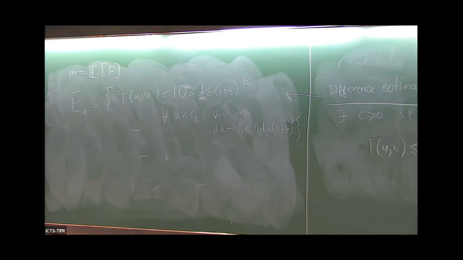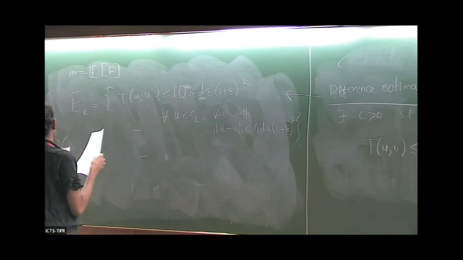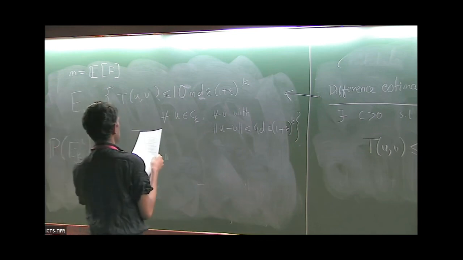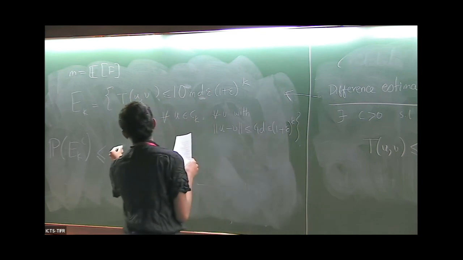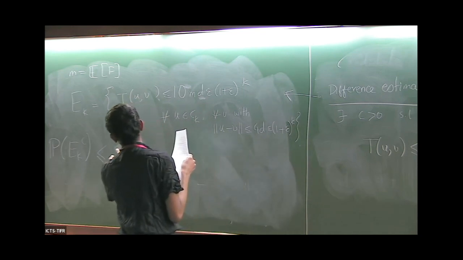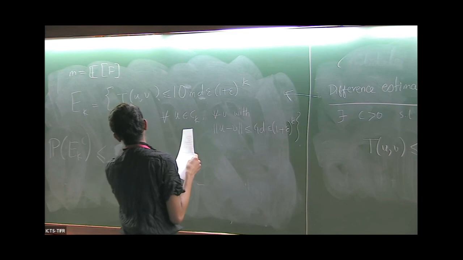So let me simply write it down. The probability of C_k complement is less than or equal to, so I'm summing over all points in C_k, which is C times epsilon to the minus d.